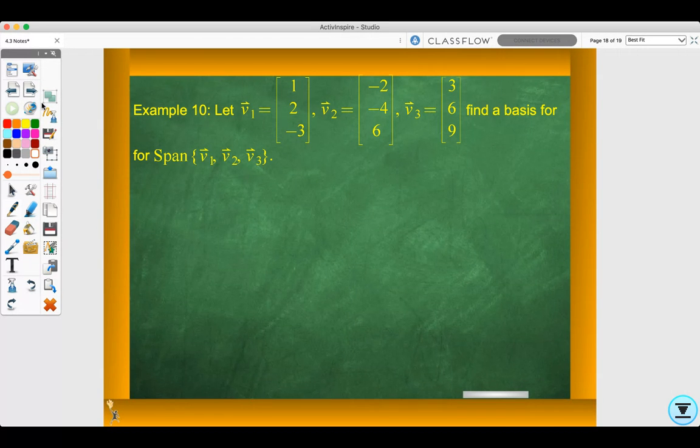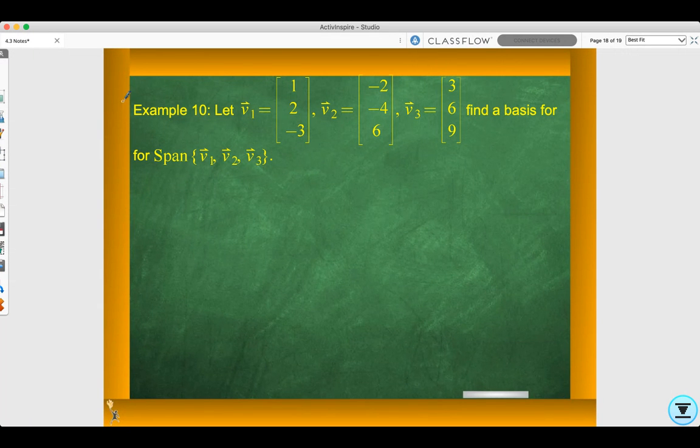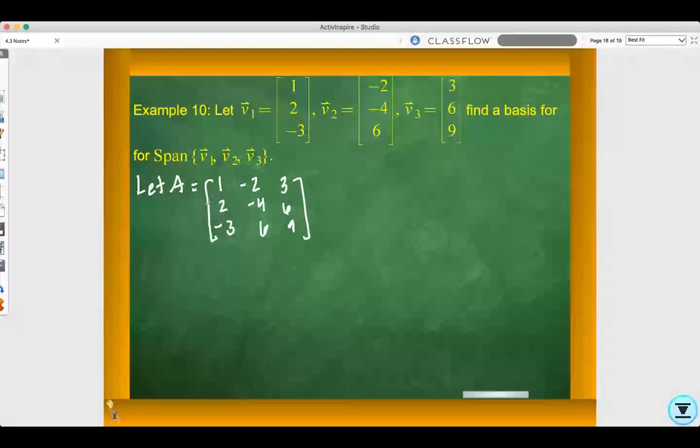Let's look at example 10. Let V1, V2, V3 equal those matrices. Find the basis for the span of V1, V2, V3. So we're going to let A equal 1, 2, negative 3, negative 2, negative 4, 6, 3, 6, 9. And note that the column space of A equals the span of V1, V2, V3.